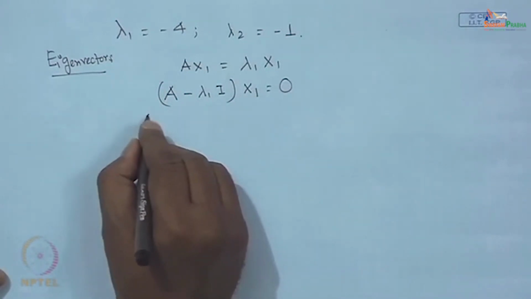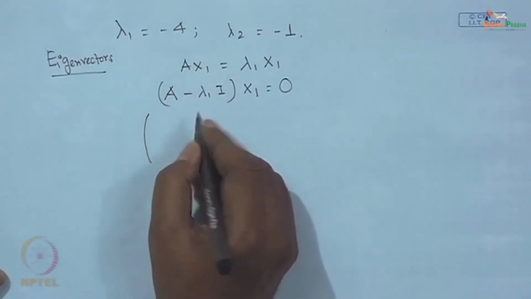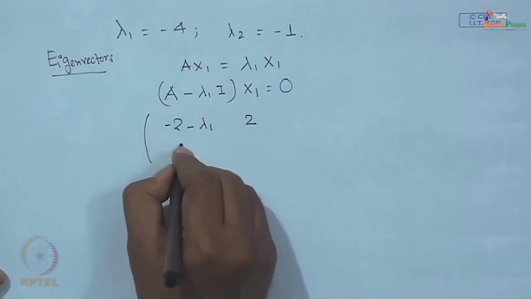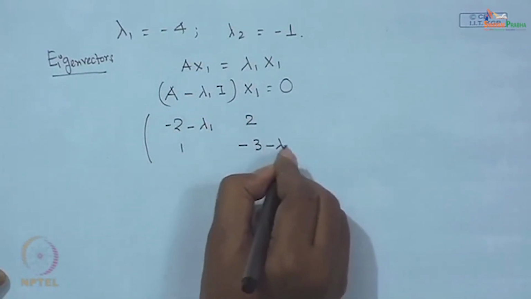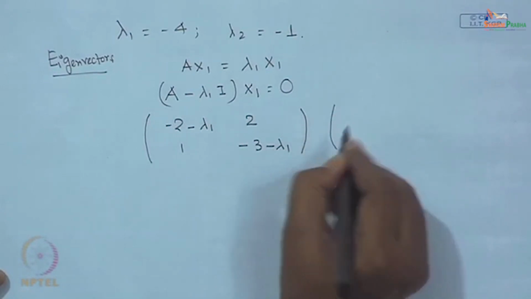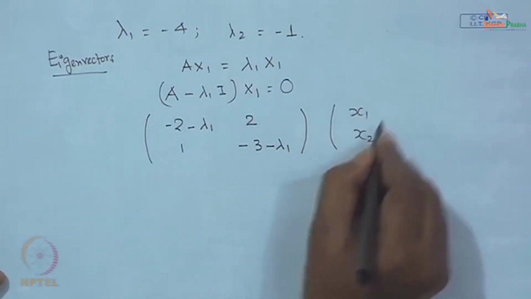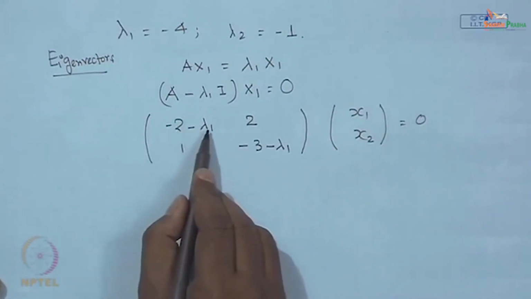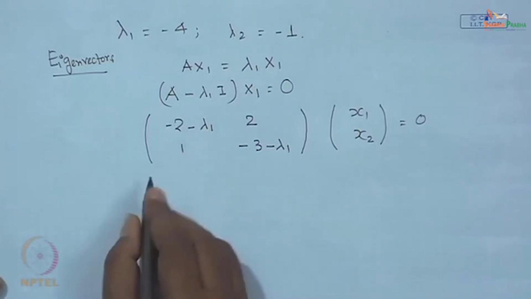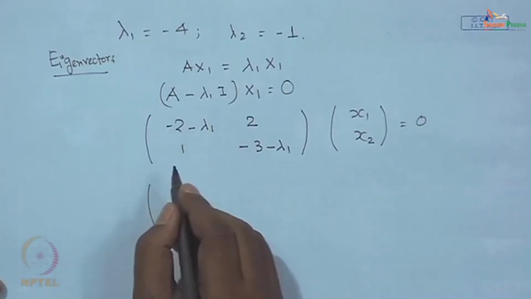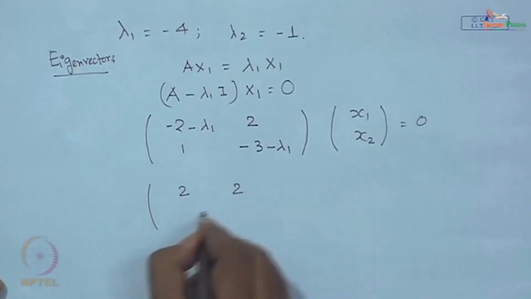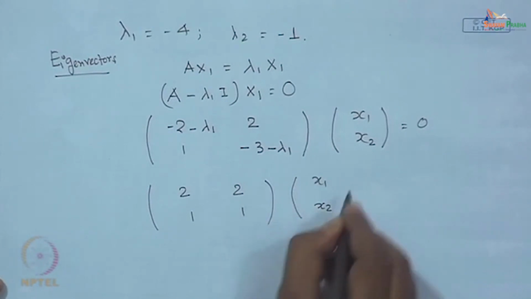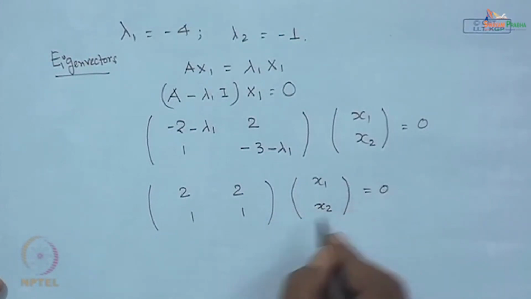So, I am writing the elements of this matrix: minus 2 minus lambda 1, 2, 1, minus 3 minus lambda 1, and the elements of the eigenvector are x 1 and x 2, and that will be equal to 0. Now, if you put lambda 1 equal to minus 4, the matrix elements are 2, 2, 1, 1, times x 1, x 2, equal to 0.